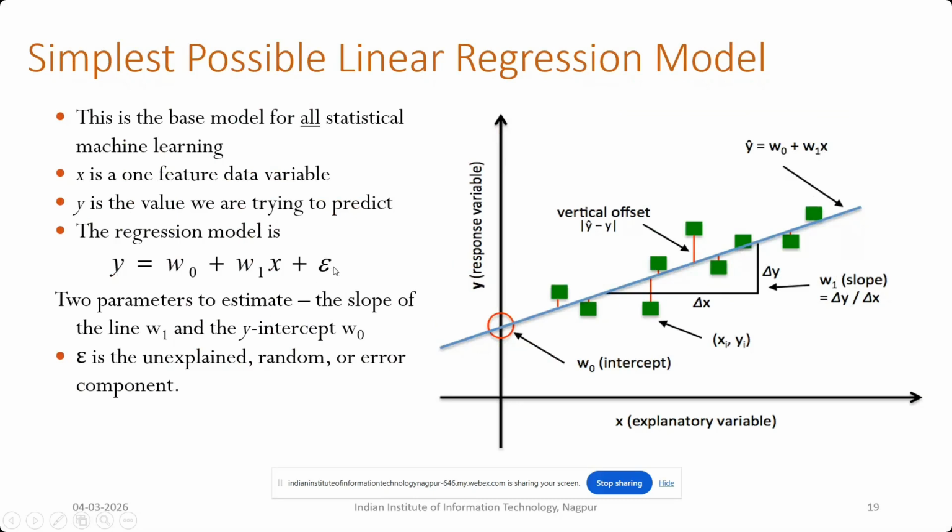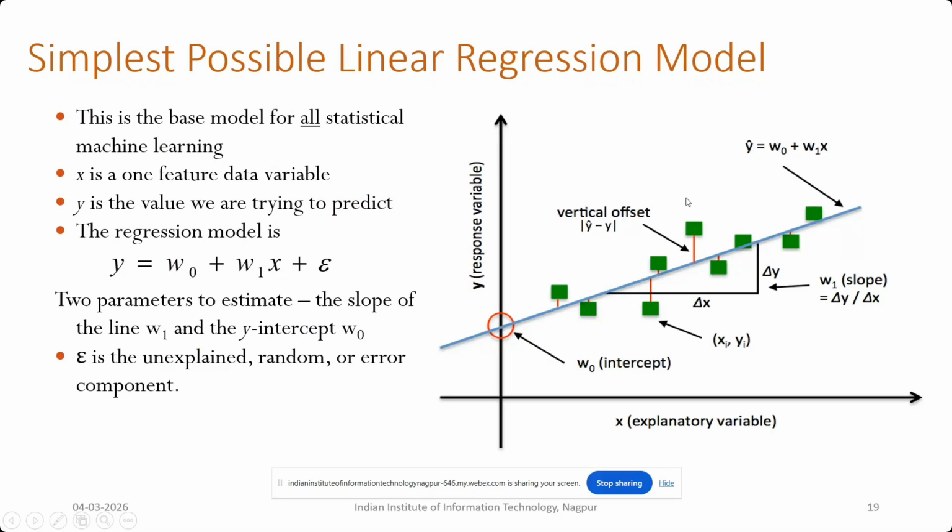For now we assume this epsilon is nothing but the unexplained or random error component. We assume that this epsilon is a negligible amount of error in our model while training. So when I get this w0 and w1, then I can predict the value of y for the corresponding value of x.